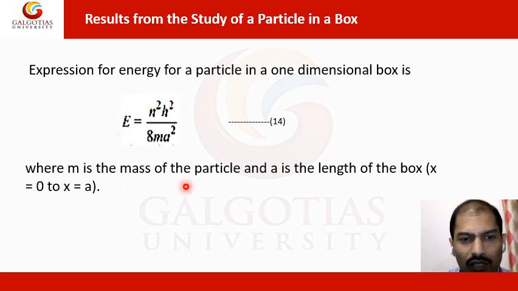Here m is the mass of the particle and a is the length of the box, from 0 to x, where x has the value of a. This is the distance within which you can assume the particle in one direction, along the x coordinate.